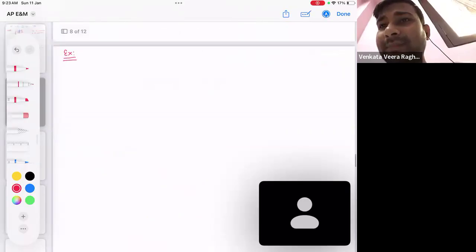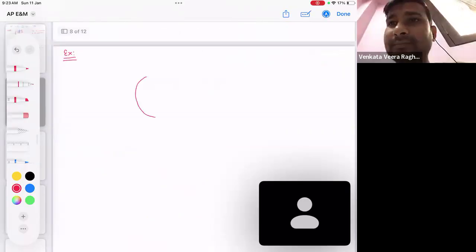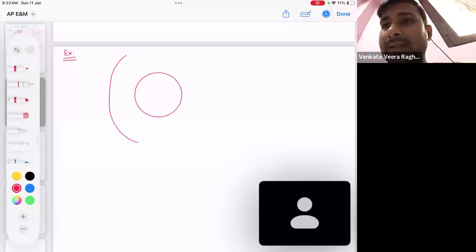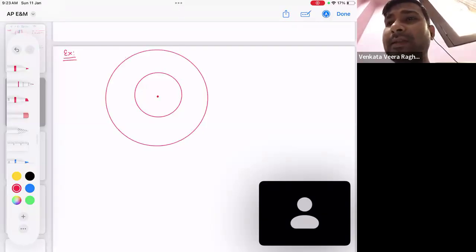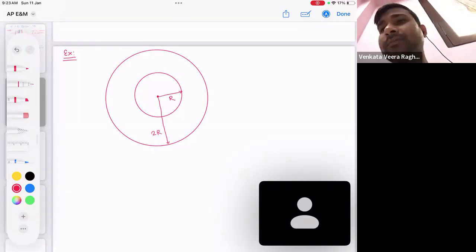In this example, what is given? A sphere is given to us. This is the inner sphere and this is the outer sphere. Let's say this is R and this is 2R.